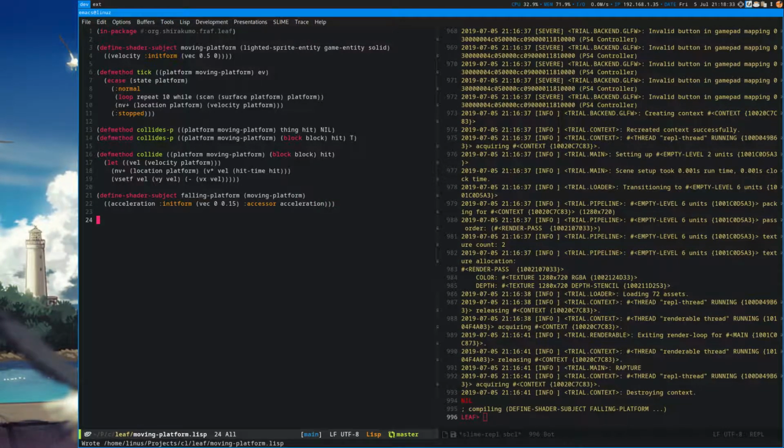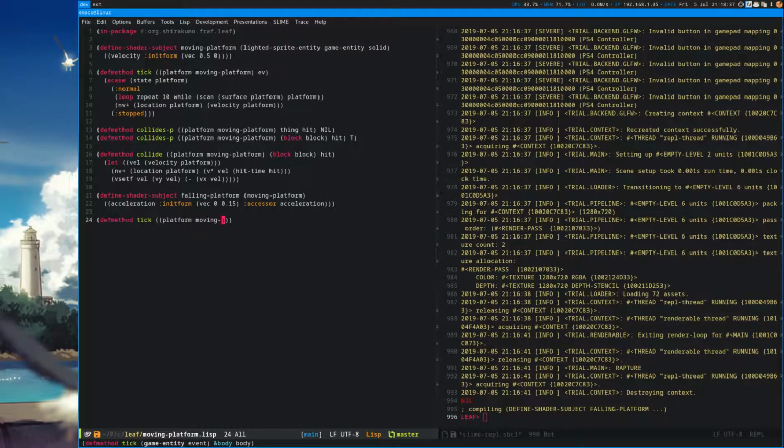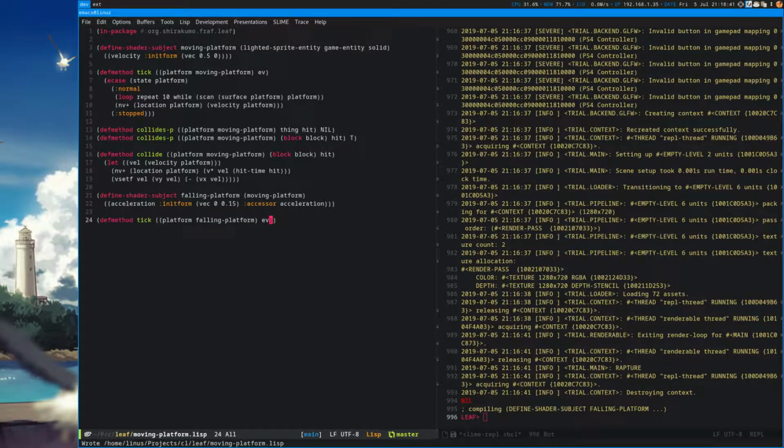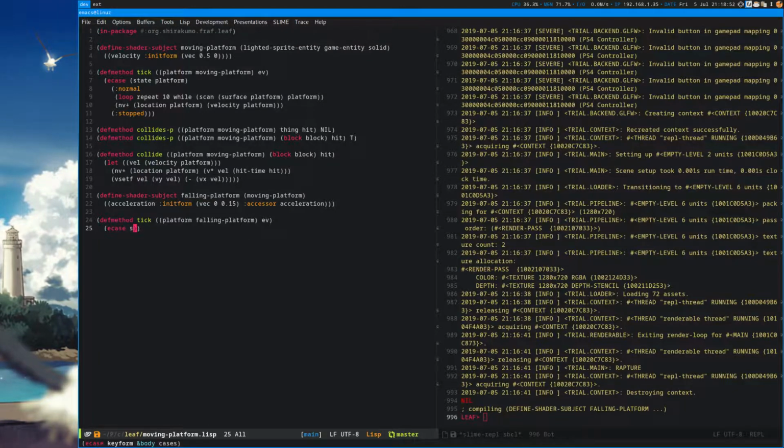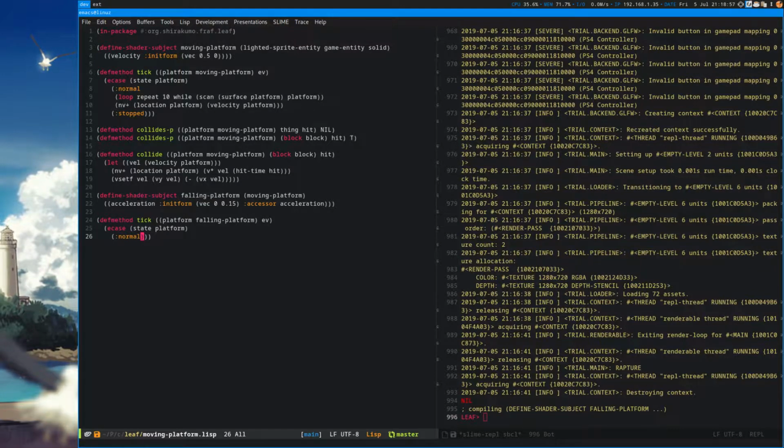Falling platform. Normal state does nothing.